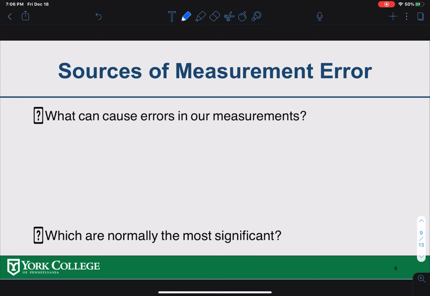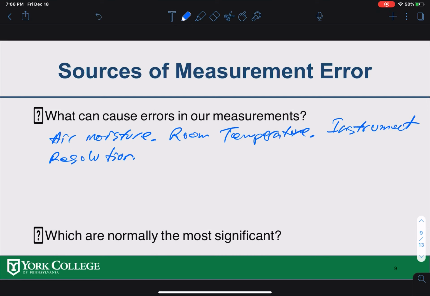Your source of error can come from the air moisture, room temperature, instrument resolution, and can come from test equipment drifting.